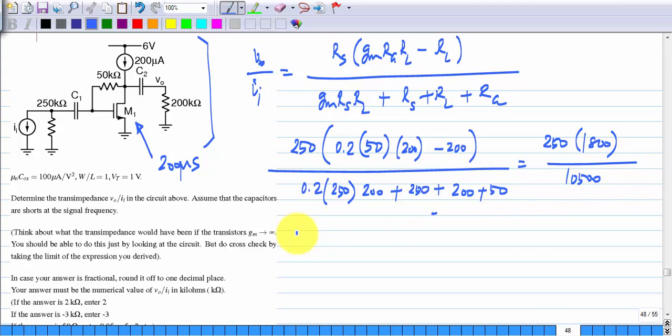If you calculate it, finally you will get 42.9 kilo ohms. It should have been 50 kilo ohms if Gm was infinity, but because Gm is finite, it is slightly less. It is 42.9 kilo ohms.